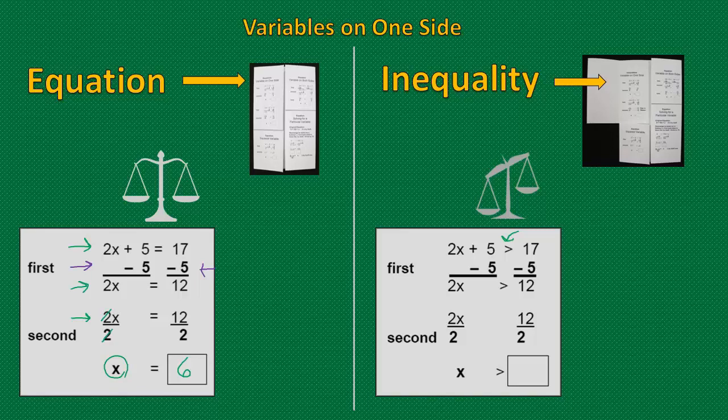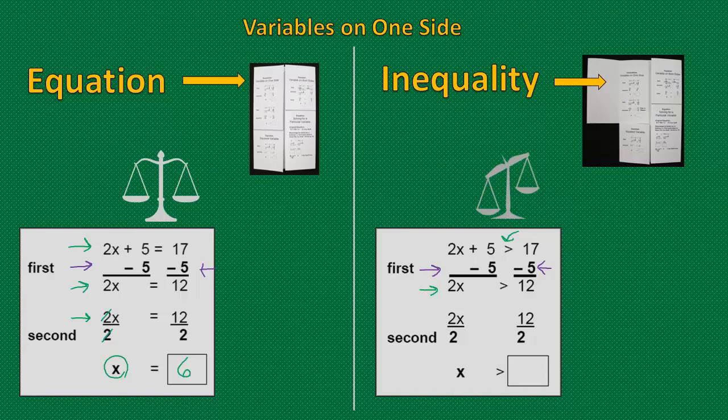Notice also the balance scale. The left side is heavier or greater than the right side of the balance scale. Our first step will be to subtract 5 from both sides. That leaves us with 2x is greater than 12.